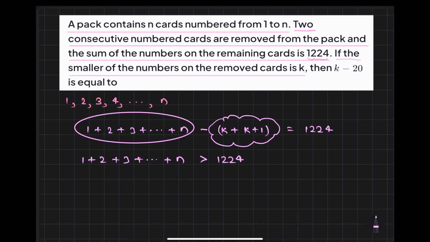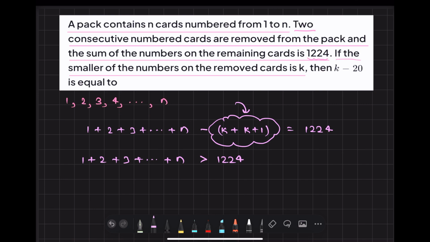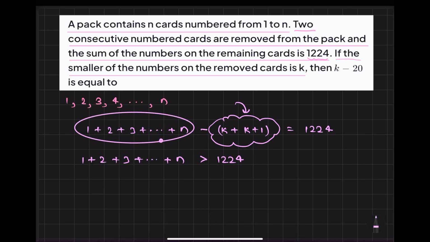Because right now you're not removing these things. So it is okay to go with this. Is that clear why I'm doing this? Because right now I don't have any other option. I have two variables and I have only one equation, so I cannot manipulate. That's why I am segregating things.